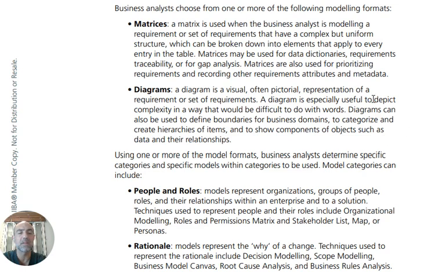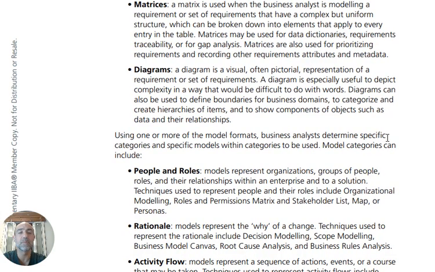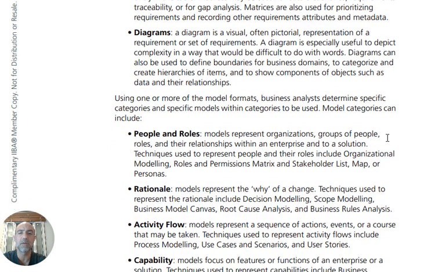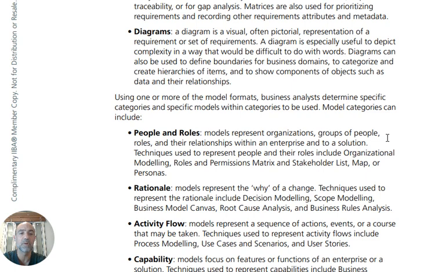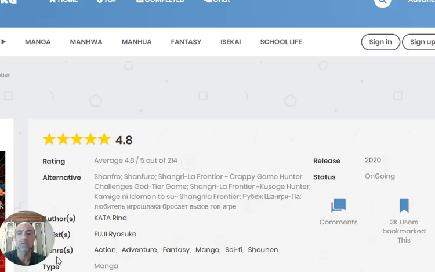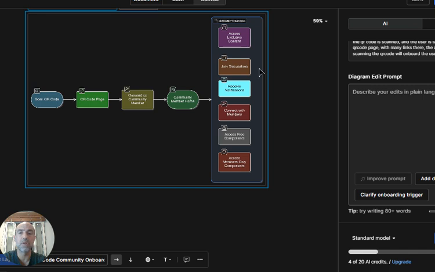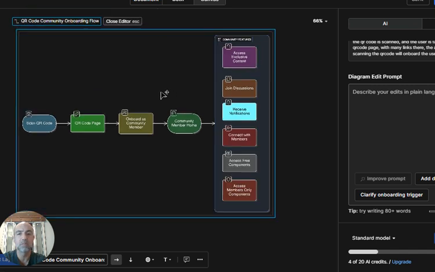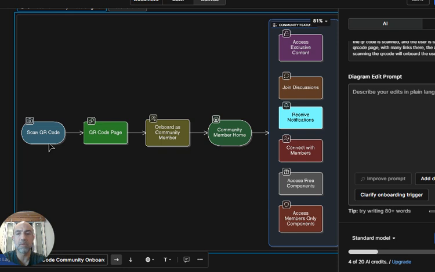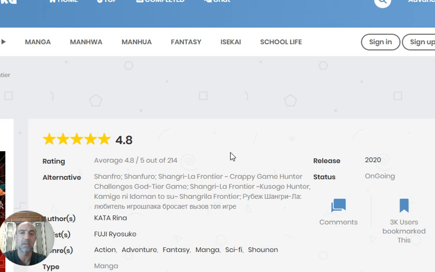Diagrams can also be used to define boundaries and business domains, categorize or create hierarchies in systems, and show components or objects. If you want me to show you, this is a diagram that I've been working on. It describes the flow, where you scan a QR code page, onboard a community member, and all kinds of stuff that happens with it, right? That's the kind of thing that I'm talking about.